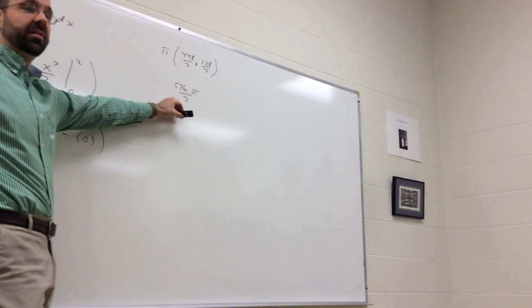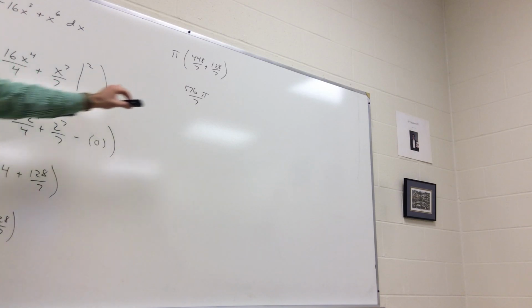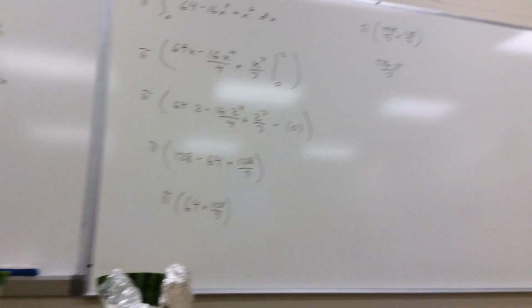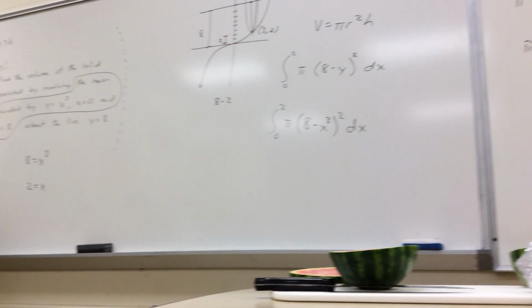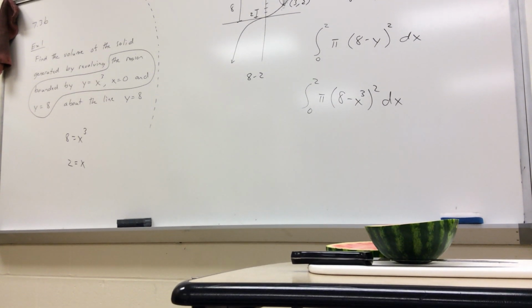That's our second try. How do we feel about that one? It's been a year, but that seems more familiar to me. Yeah, 576 pi over 7 is what I got on my notes, so I think we're good.